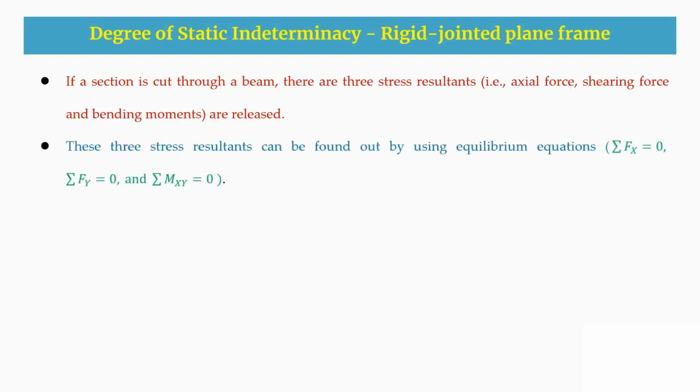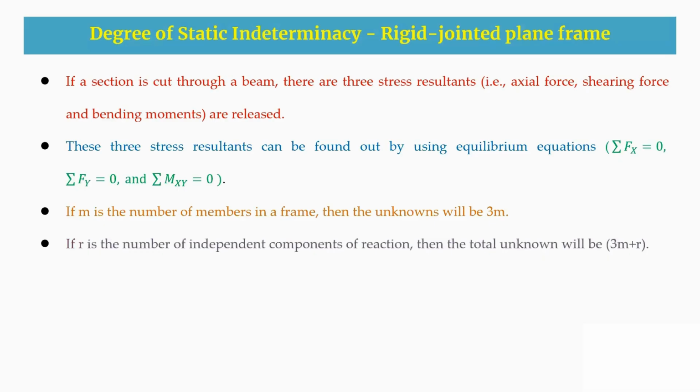Now, these stress resultants can be found by using equilibrium conditions, that is sigma Fx, sigma Fy, and the summation of moments equal to 0. Now, if m is the number of members in a frame, then the unknowns will be equal to 3 times the number of members, that is 3m.